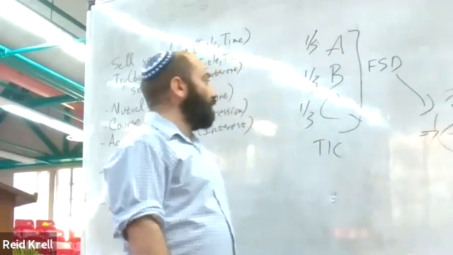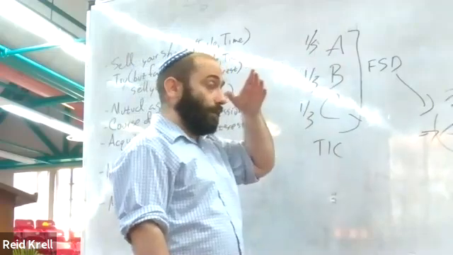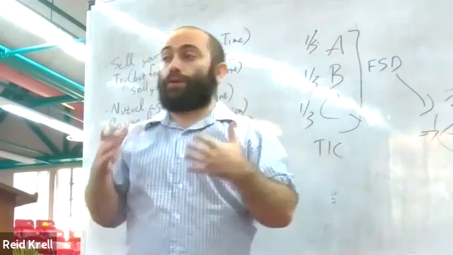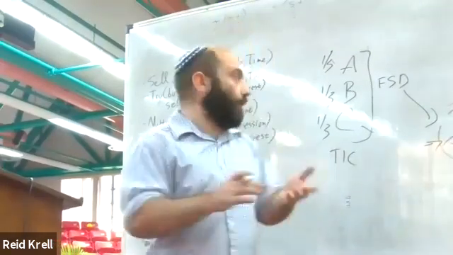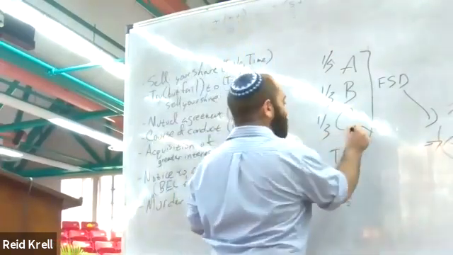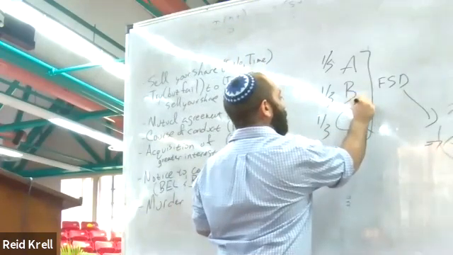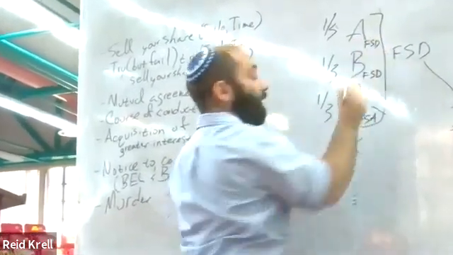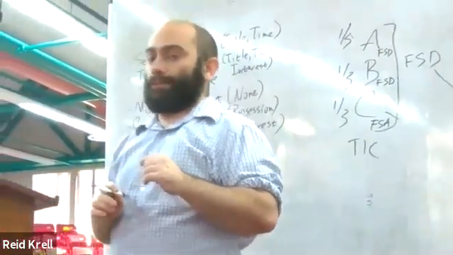Okay. So now the tenancy in common, right? Because remember, unity of interest is not required for tenancy in common. So C holds his 1/3 share, fee simple absolute, while A and B continue to hold theirs determinable. Okay.